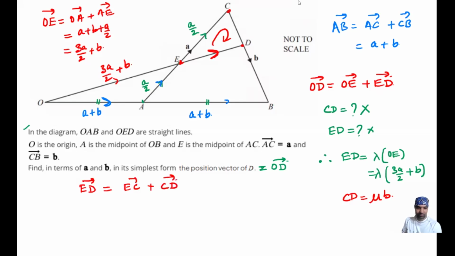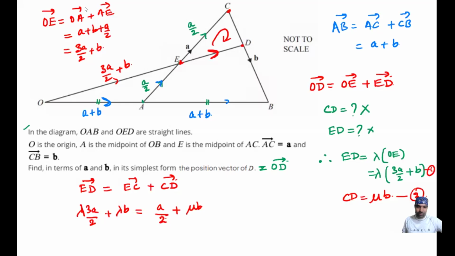ED we already have, so that is lambda times 3A by 2 plus lambda times B, equal to EC, which is A by 2, plus CD. CD is how much? Mu times B. Let this be equation 1 and this be equation 2.